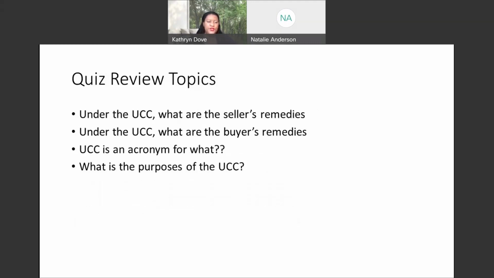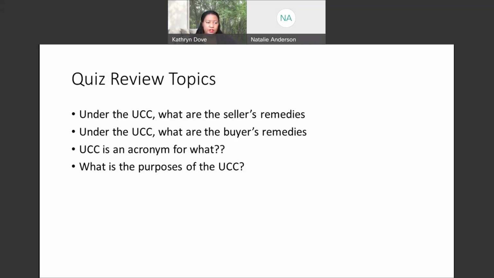So, under the UCC, what are the seller's remedies? You should look that up. And it's usually to sue for payment, to attempt to cure a defective delivery.